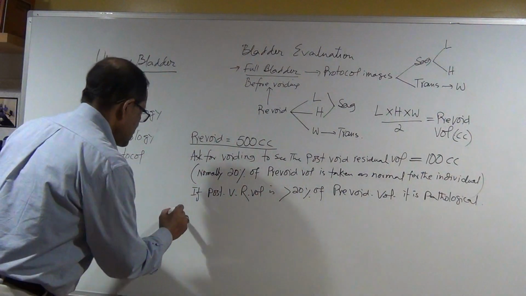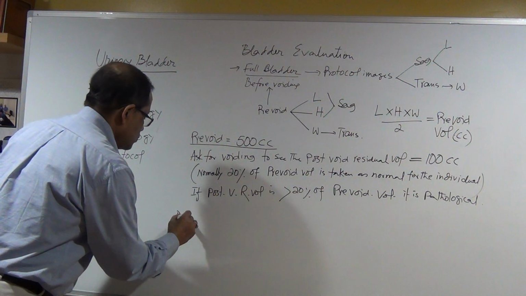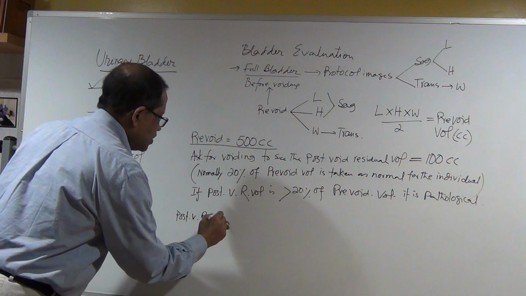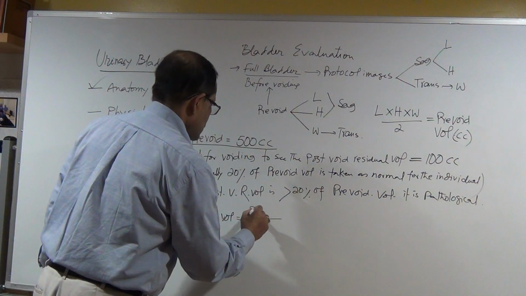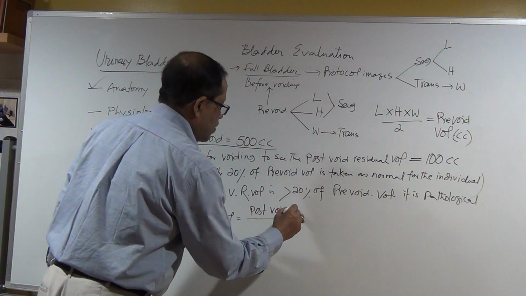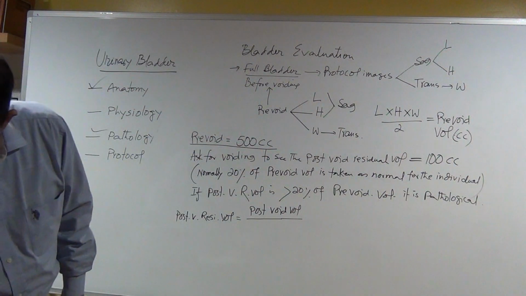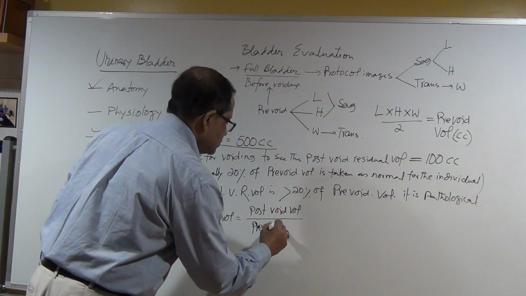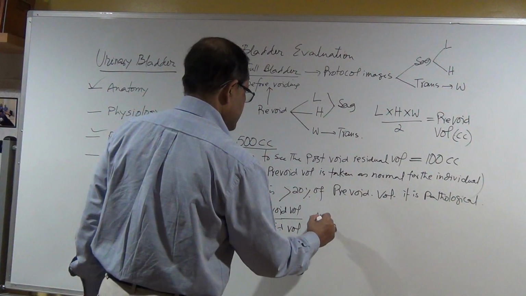So now, calculation is post-void residual volume equals post-void volume of the bladder over pre-void volume times 100.